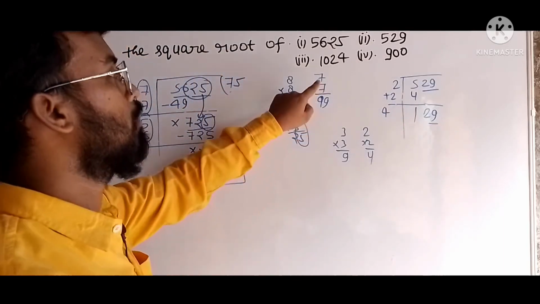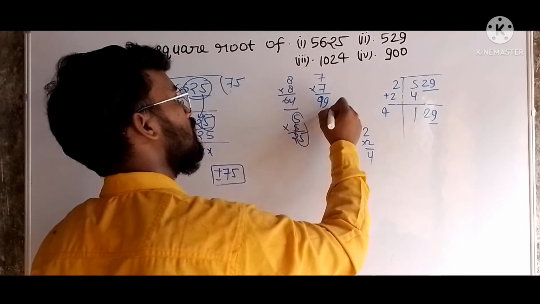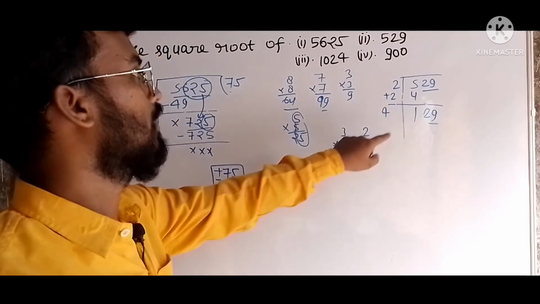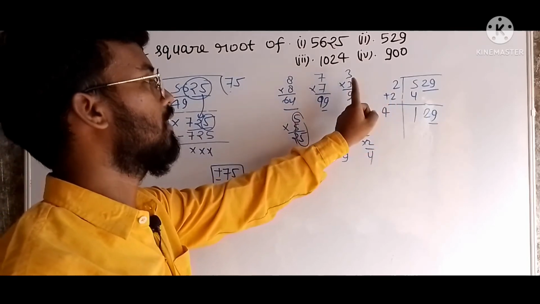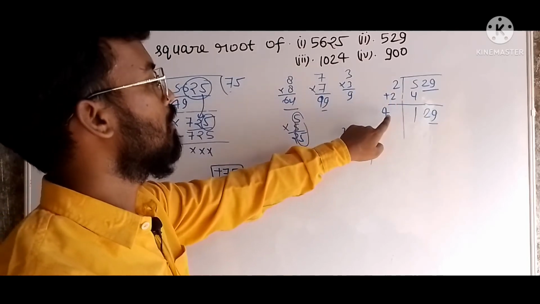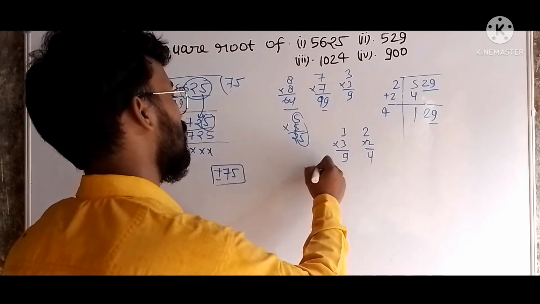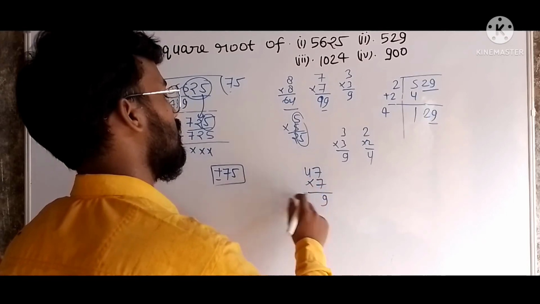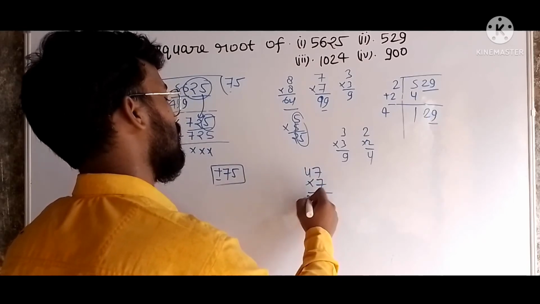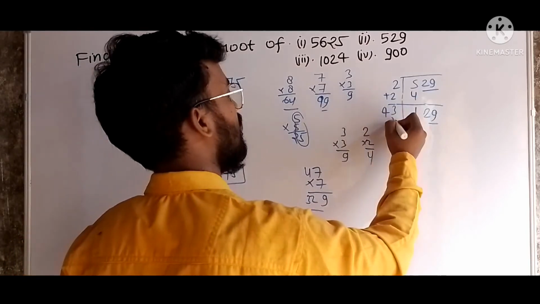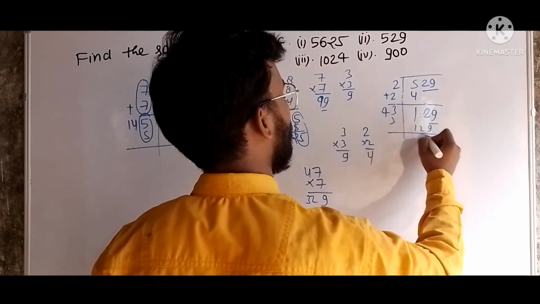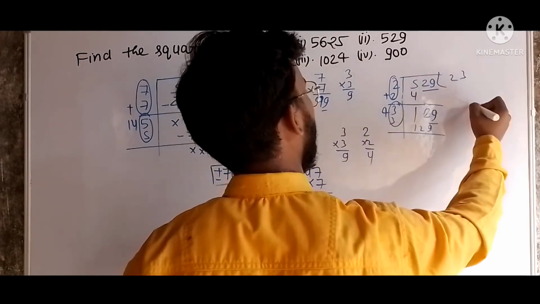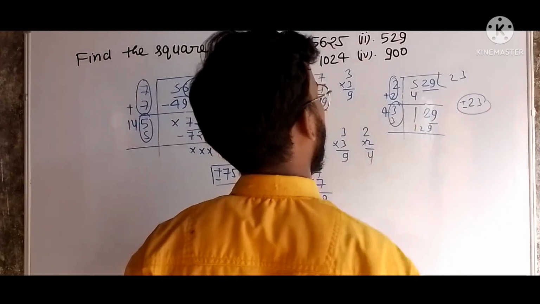We know that 7 into 7 gives 9 at the unit place, and 3 into 3 also gives 9. Either we get 7 or 3, but when we take 7, this number becomes too large: 7 times 7 is 49, 28 plus 4 is 32. So take 3 here, now multiply it, you get this one. In this way we take 2 from here, 3 from here. So our square root will be plus minus 23.